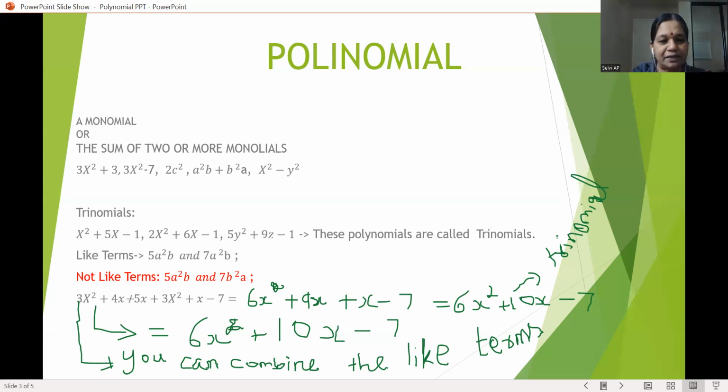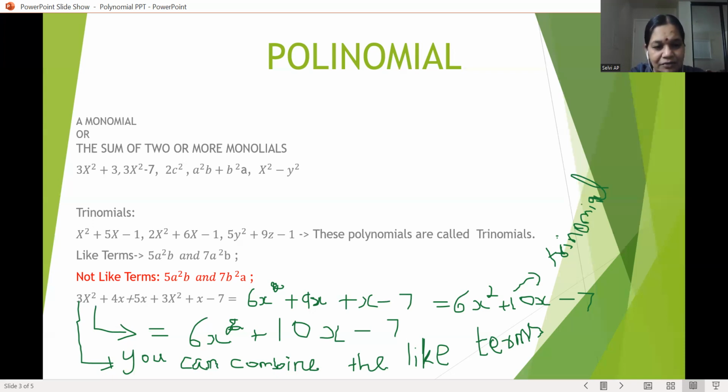See here, 5a square b and 7a square b. Carefully check: the first variable of the first term is a, the power is 2. Then you check the first variable of the second term is a, exponent is 2, right? Tick.